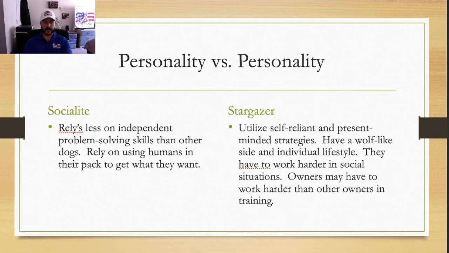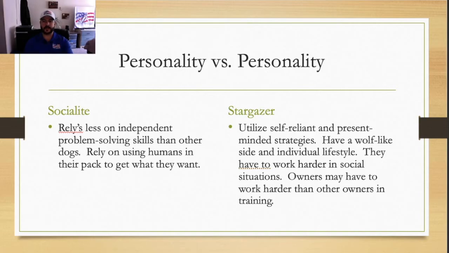Now, on the other hand, when you look at the stargazer, it utilizes self-reliant and present-minded strategies. It also has a wolf-like side and it is very individualistic in its lifestyle. Those personality traits make it a little bit harder for them to be in a social setting, as well as for their owners.